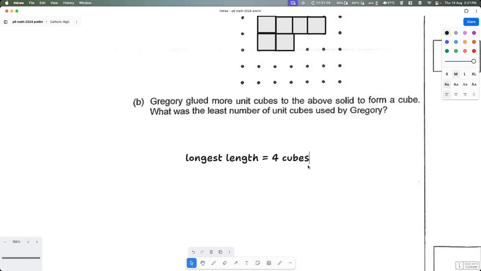All right, so that means the final cube's number of cubes is equal to length times breadth times height. So it's just 4 times 4 times 4. This will be 16 times 4. This should be 64, right?